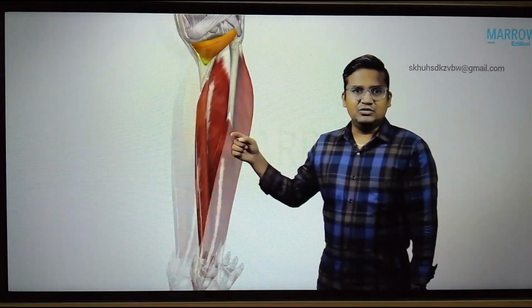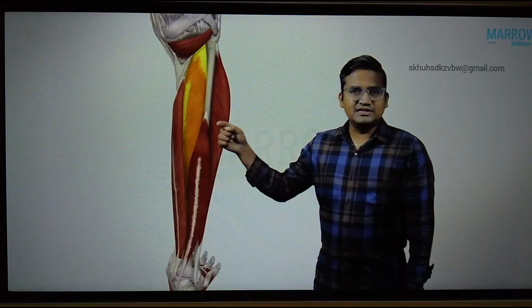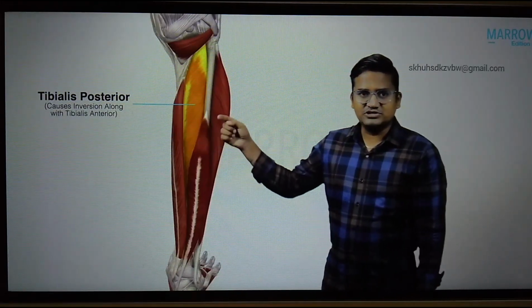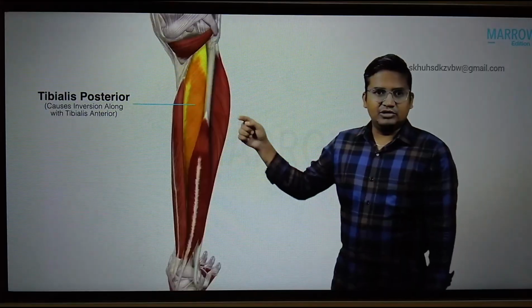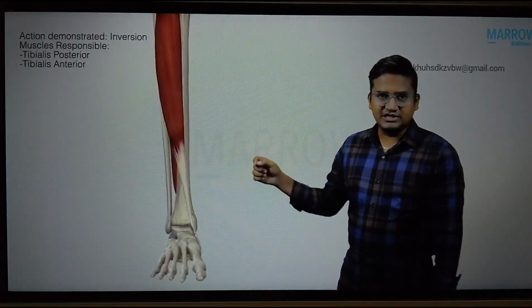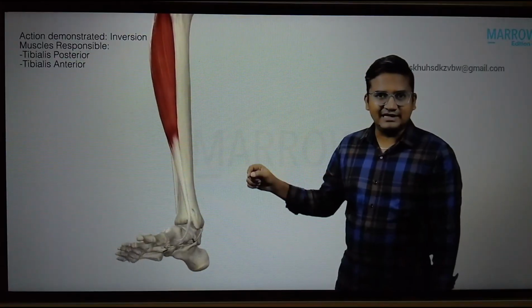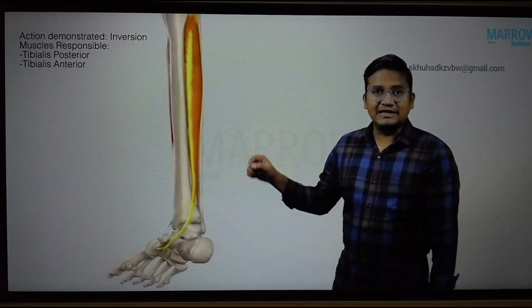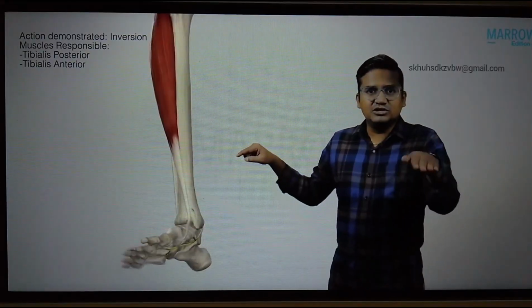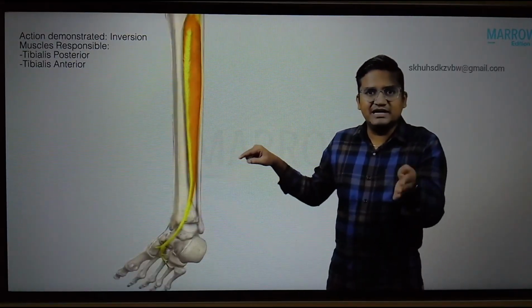Okay, right. Now we're going to see the action of our tibialis posterior muscle. See, that is tibialis posterior muscle. Tibialis posterior along with the tibialis anterior does one movement in the subtalar joint. What is that? Inversion. See the sole? The sole is turning towards the medial side.